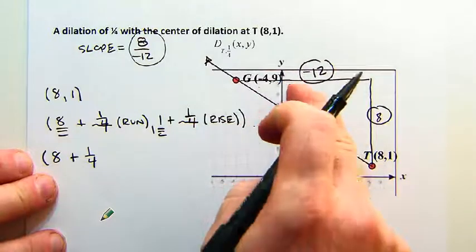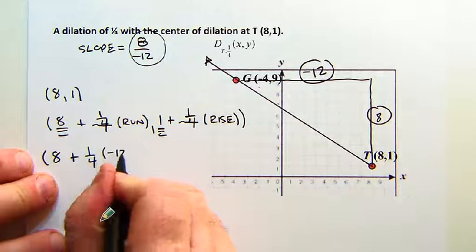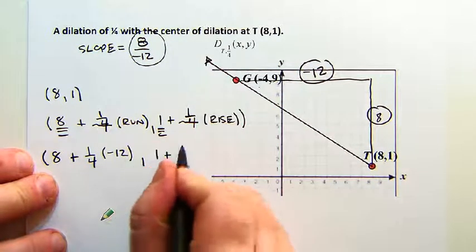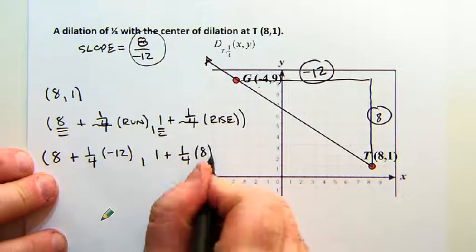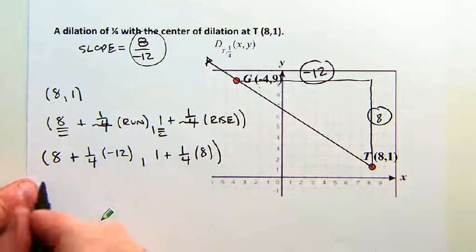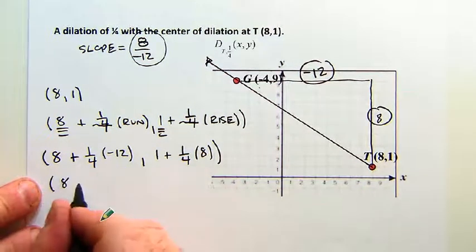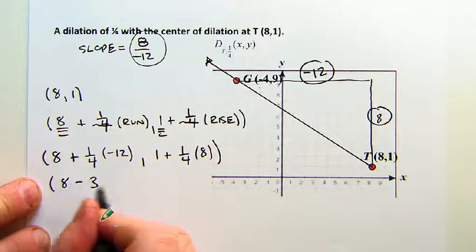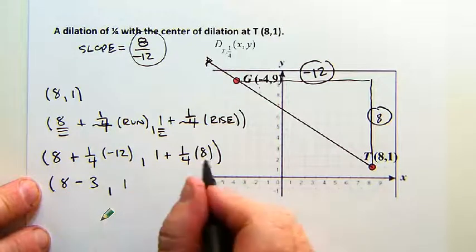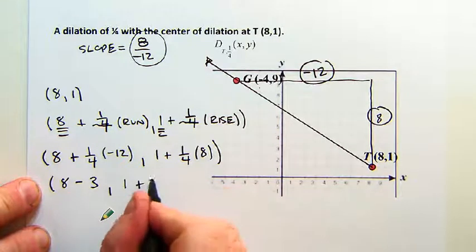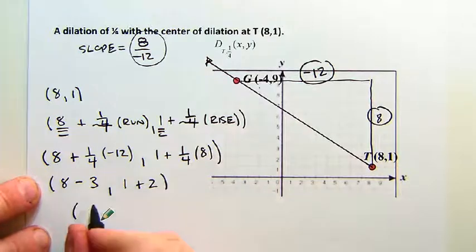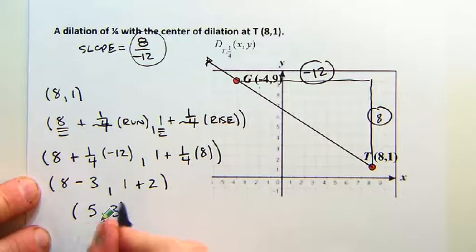Now the run, do not change this, -12, and 1/4 of the rise, which is 8. And now I can get my final answer. -12 divided by 4 is -3, and 1/4 of 8 is 2, and we get 5 and 3.